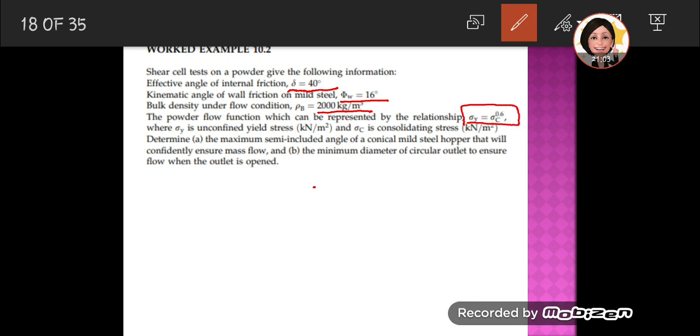Alright, so determine the maximum semi-included angle of a conical mined steel hopper that will confidently ensure flow, and minimum diameter of the outlet. Right, we have not discussed this part, the semi-included angle, in the lecture part, so I'll show you in this tutorial, in this question, how we find the semi-included angle.